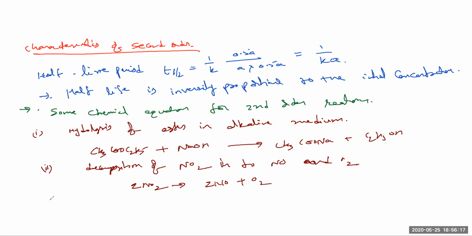Next, third example: conversion of ozone into oxygen. Conversion of O3 into O2. 2O3 gives rise to 3O2. Okay, take it now.